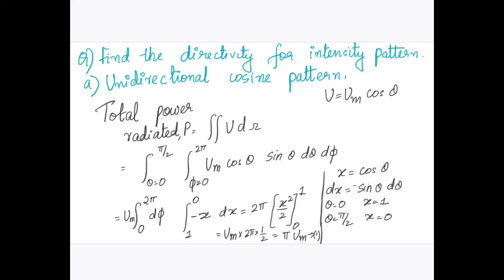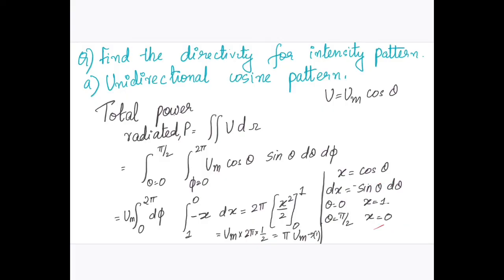Now we can find the integral using the substitution method, that is, substitute x equal to cos theta. Differentiating this equation, dx becomes minus sine theta d theta. Also we have to change the limits: instead of 0 to pi by 2, theta equal to 0 means x equals cos 0, which is 1, and theta equal to pi by 2 means cos pi by 2, which is 0.